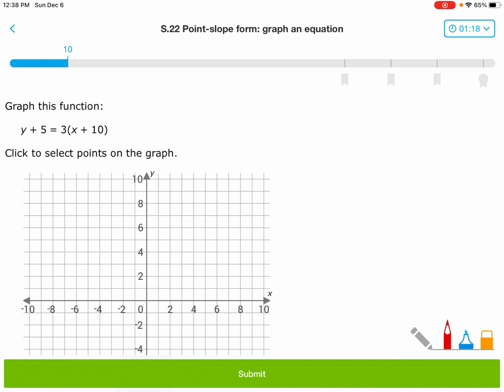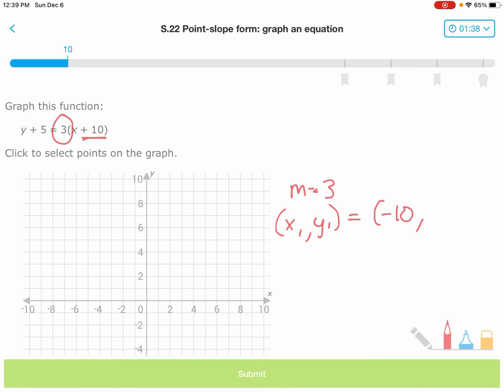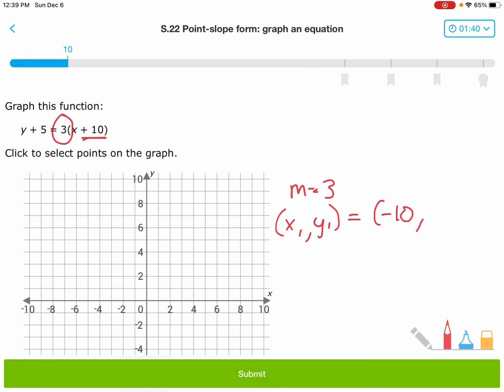Let's do another example of that. Same concept. Here my slope is 3, and my point x1, y1 is going to equal the opposite value here for x, so negative 10, comma, the opposite value for the y, negative 5.